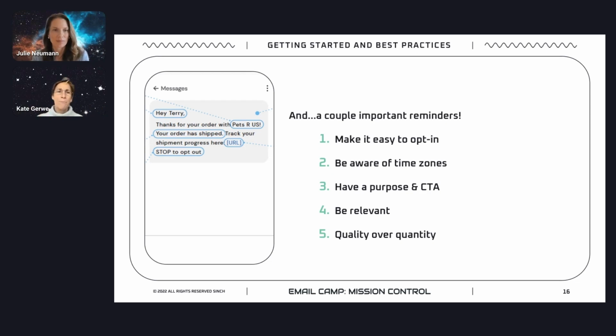So have a purpose, have that call to action, be relevant and timely. And finally, prioritize quality over quantity. This isn't one where more is better. Having something more relevant and personal will really cut through here.